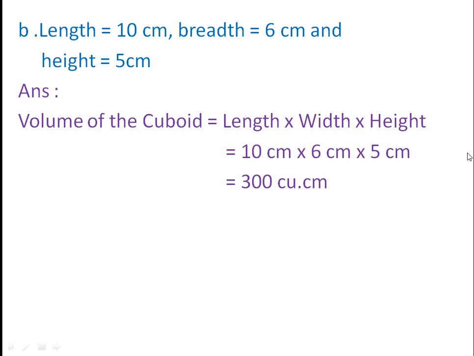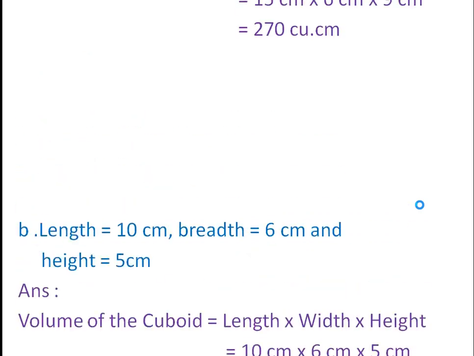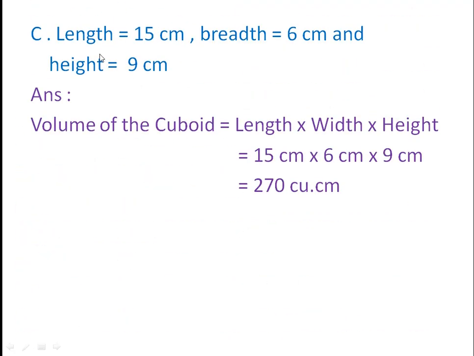And next one, C. Length is equal to 15 centimeters, breadth is equal to 6 centimeters and height is equal to 9 centimeters. Write down the statements like this. Volume of the cuboid is equal to length multiplied with width multiplied with height is the formula for the volume of the cuboid.